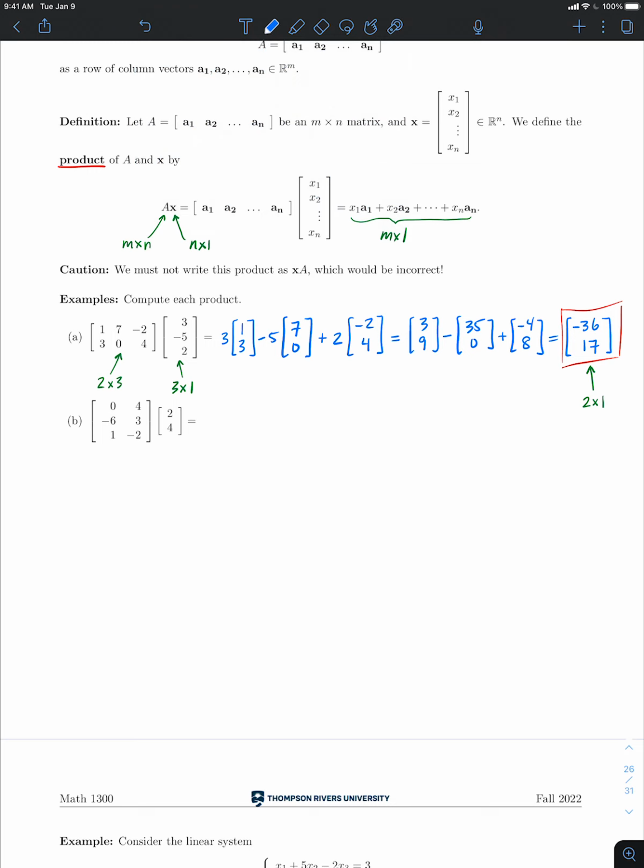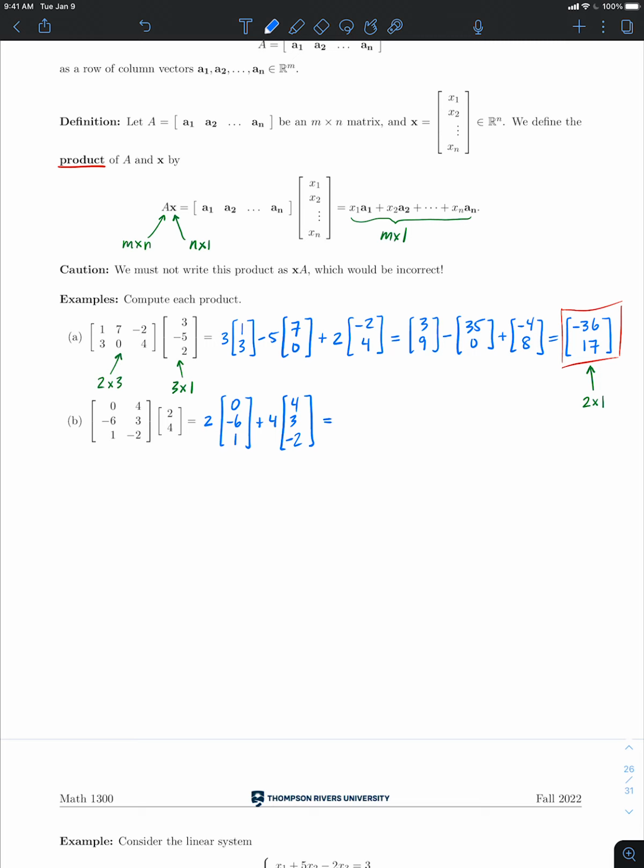So we've got a 3 by 2 matrix and a 2 by 1 matrix that we're multiplying. If we follow the same rule, we're going to have 2 times the first column, 0, negative 6, and 1. Then plus 4 times the second column, which is 4, 3, negative 2. Okay, so then after this, it's just simplification.